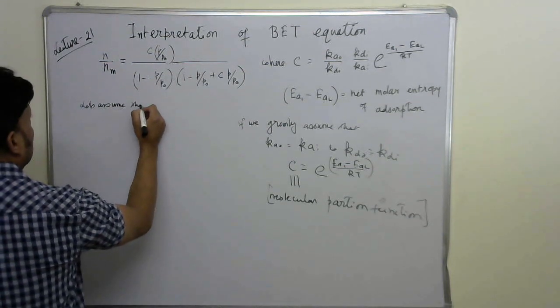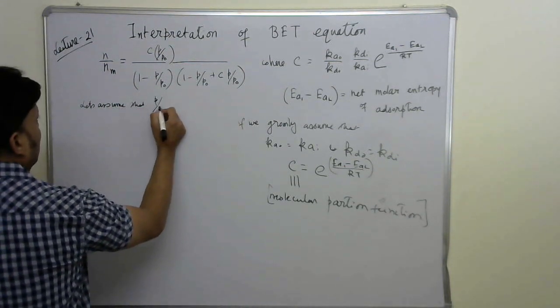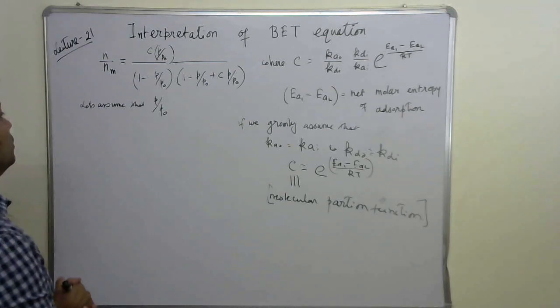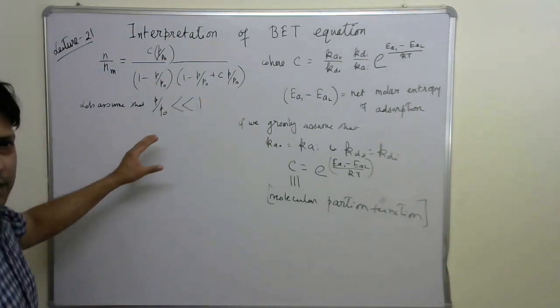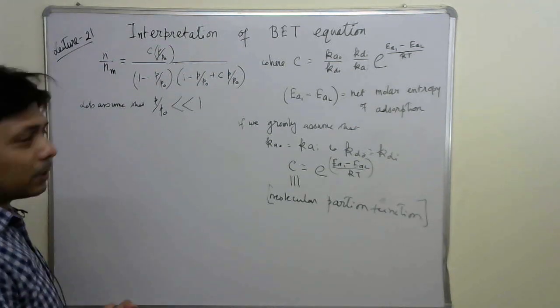So let's assume that the p over p0 value is much less than 1, so less that we can neglect it with respect to 1.